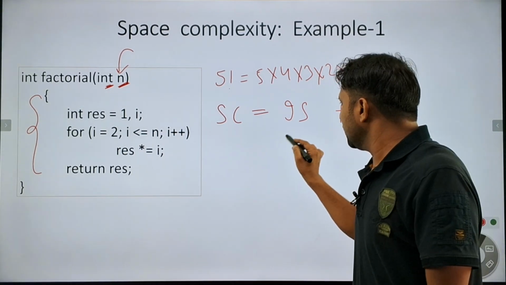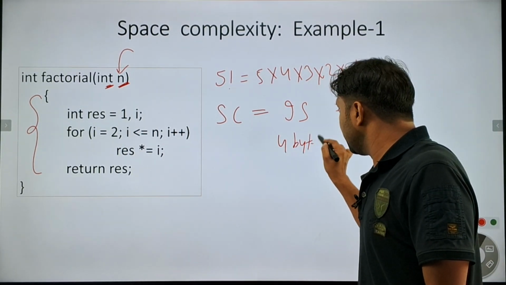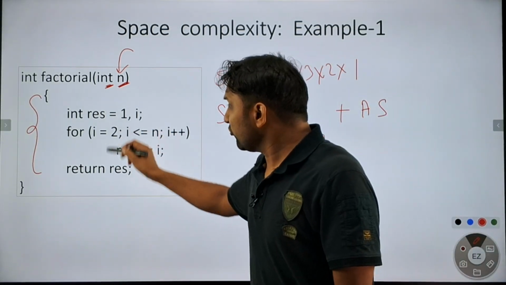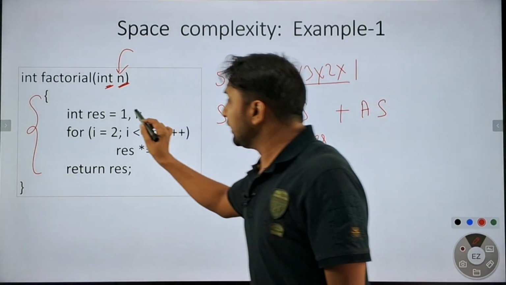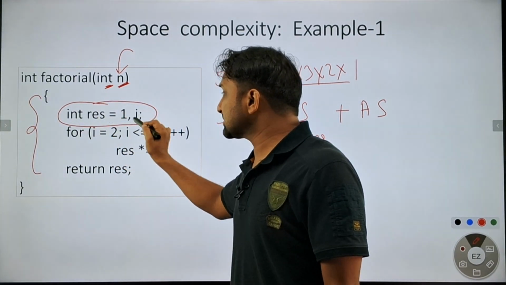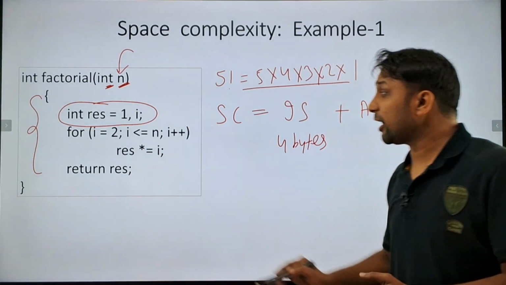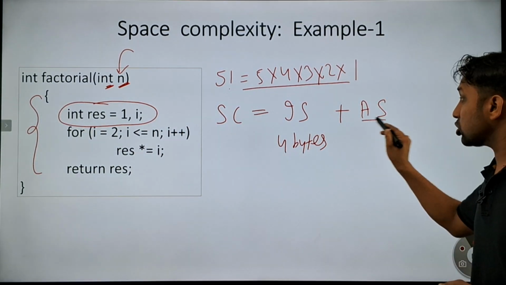One integer variable means 4 bytes for input, and after that, to find the factorial, we are using two extra variables here, res and i. That is the extra space required to process the data, the auxiliary space.